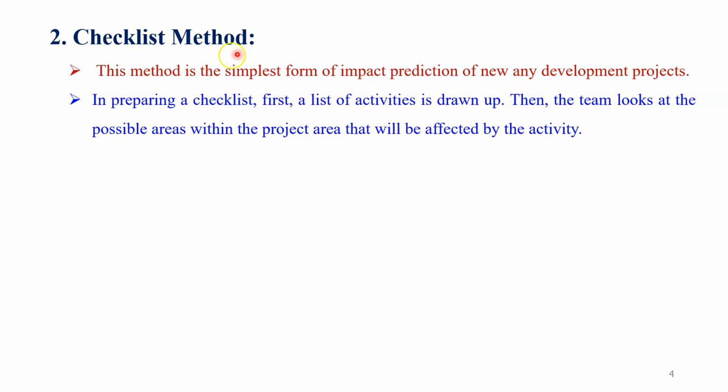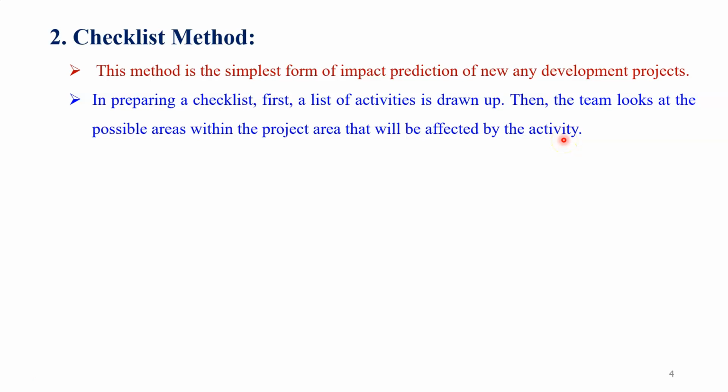Dear student, when we use this method in preparing the checklist, first a list of activities is drawn up. Then the team looks at the possible areas within the project area that will be affected by the activity.